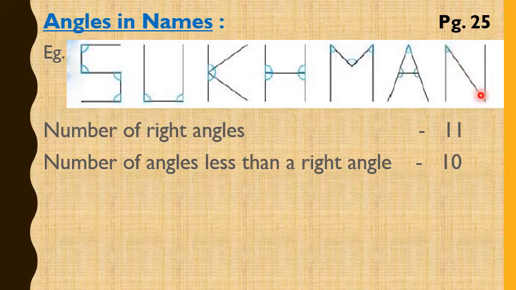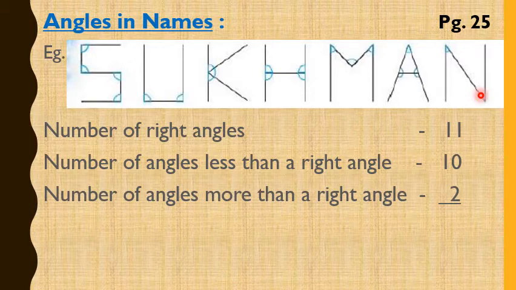So there are 10 angles less than a right angle. Now we will count the number of angles more than a right angle. 1 and 2. So there are 2 angles more than a right angle.